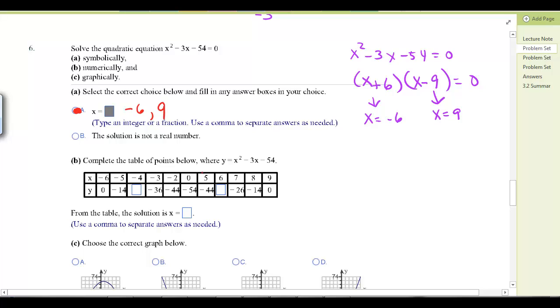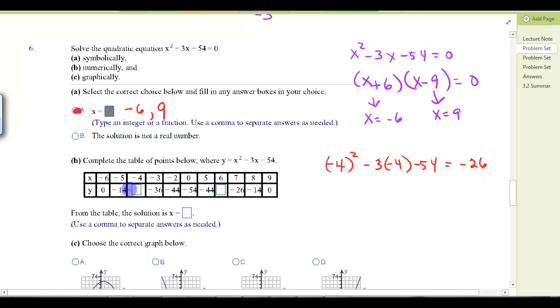Complete the table of points below where y equals this. So what this means is I've got these values when x is negative 6 in this equation, y is 0. So they want us to plug in negative 4. So I got negative 4 squared minus 3 times negative 4 minus 54. When you do those calculations, you should get negative 26.